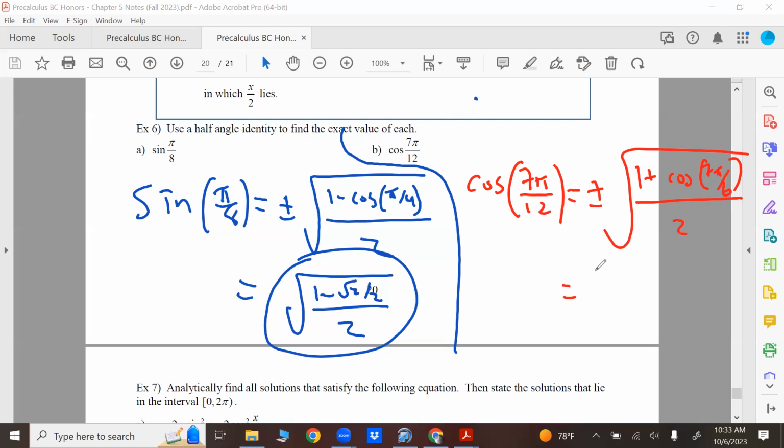So what quadrant is that in? Quadrant 2. So it's going to be negative. And 7 pi over 6, it's a negative root 3 over 2, right? Am I correct saying that? Yeah, okay.